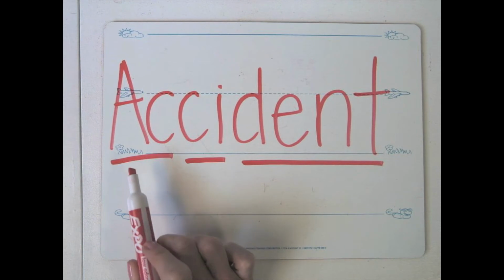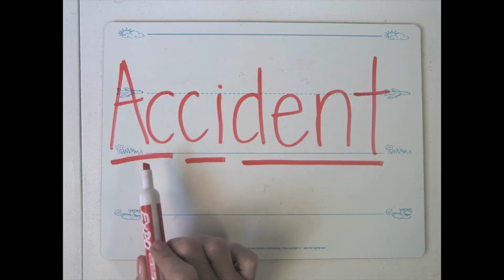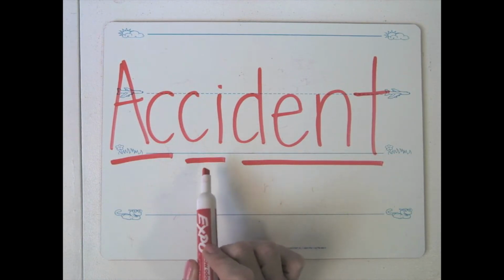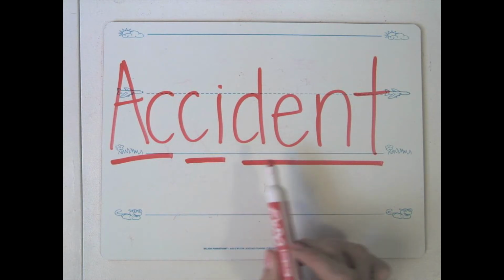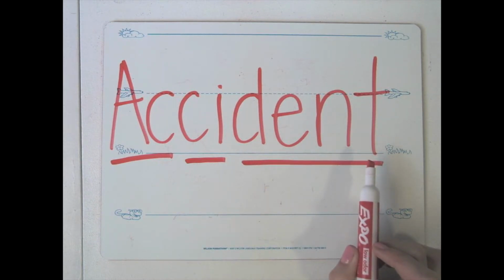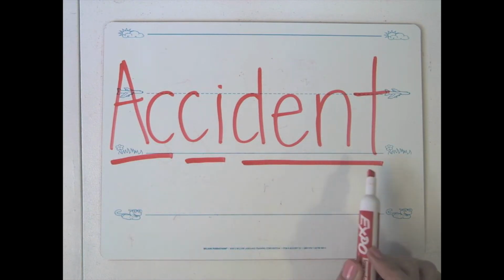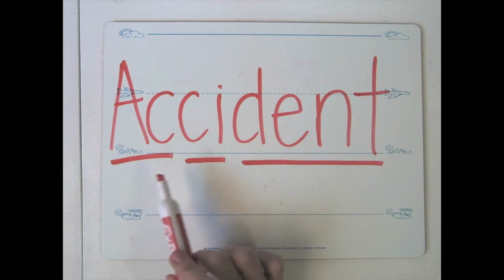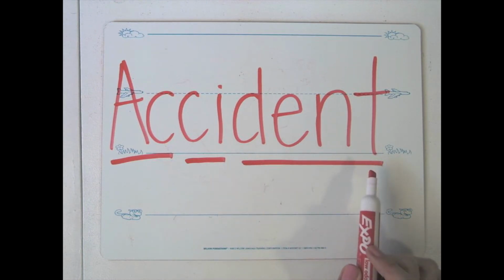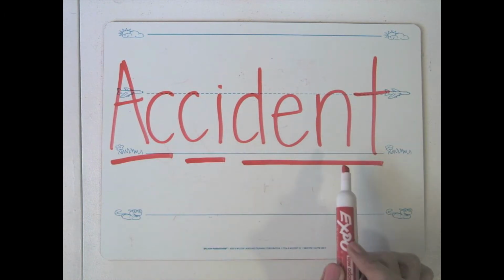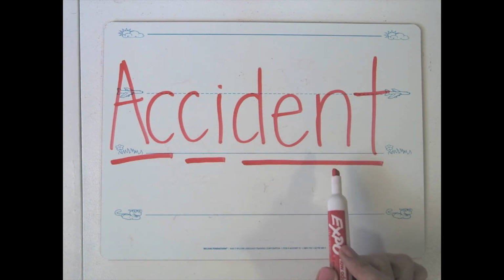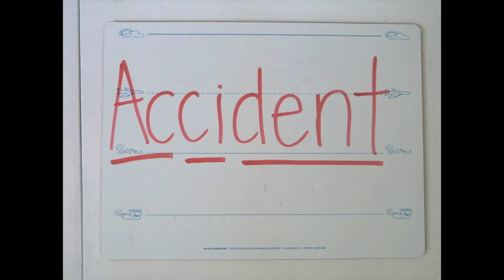The first chunk sounds like ak, the middle chunk sounds like C, and the last chunk says dent. Ak, dent. Does that make sense? Let's say that faster. Accident. The word accident is seen in this book.